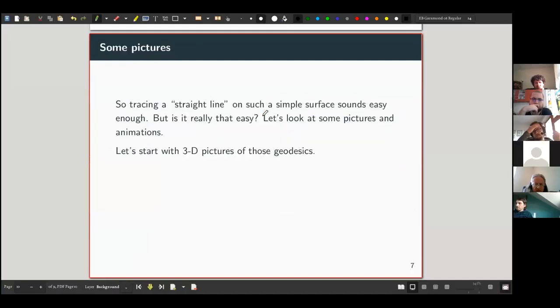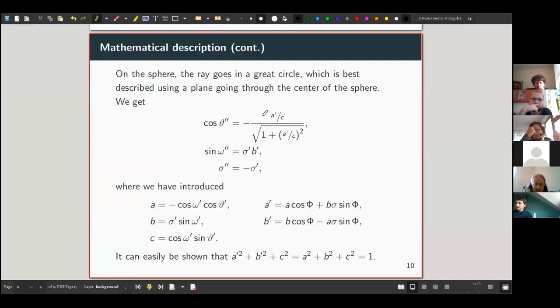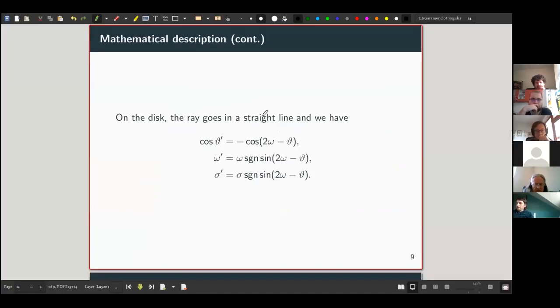So this is something I didn't even try to do. But first of all, we need to write down some equations for the motion of the particle, and we just write down the equations for the straight lines on the disk, and that looks like this. And I won't be going through that anymore, but I just want to show it because it will be nice if you have some idea about the ugliness of all those equations.